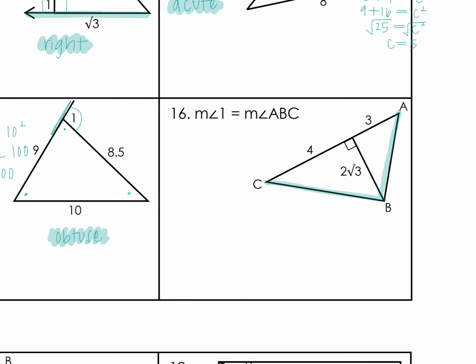We need to know what is this length and what this length here is, because we already know that this one is going to be 7, adding that 4 and that 3.